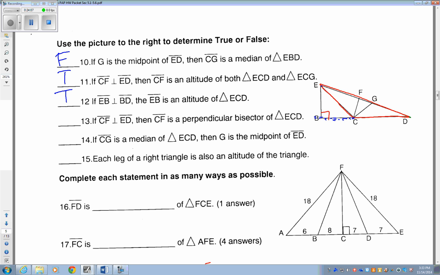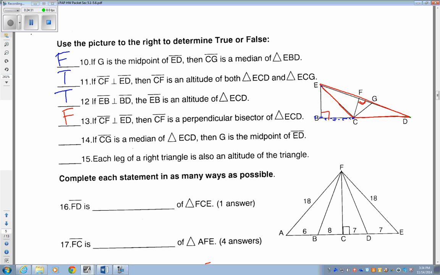All right, it says if CF is perpendicular to ED, CF is a perpendicular bisector of ECD. False. That is false. It's not bisecting. It doesn't say it went through the midpoint. It just said it's perpendicular. Okay?